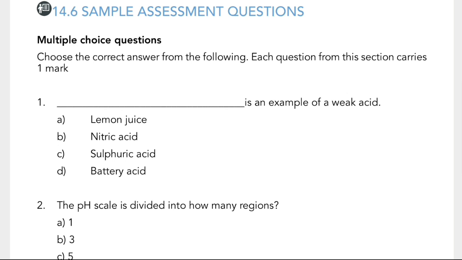Number 1 says dash is an example of a weak acid. So here we have something called a weak acid. A weak acid is an acid that doesn't completely dissociate in water. Are we together?